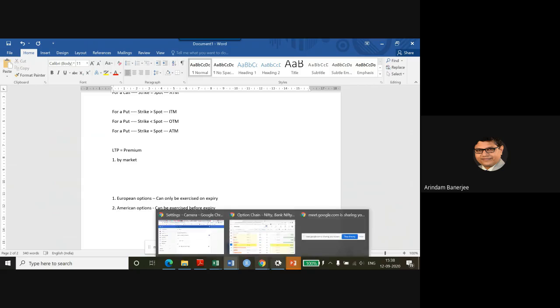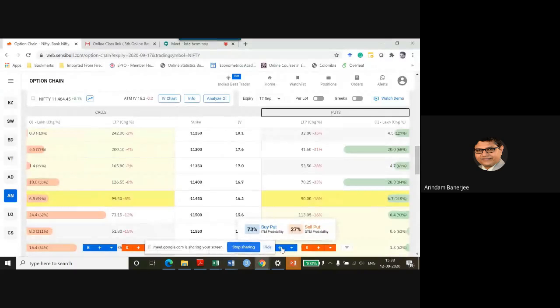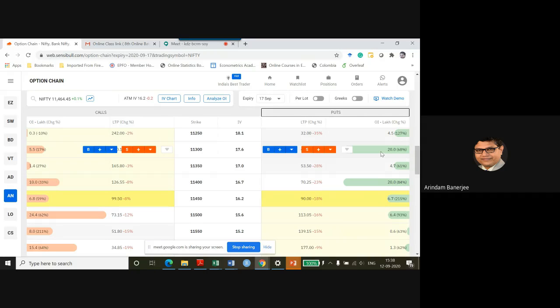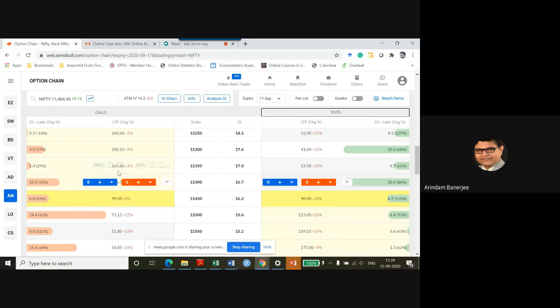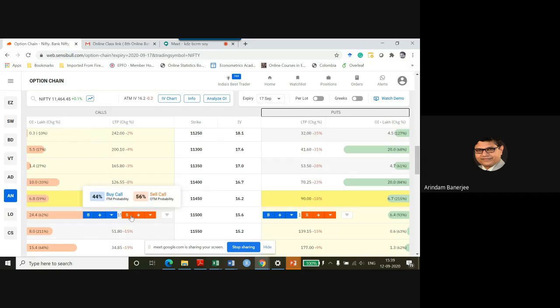This premium which we are observing here is determined by the market forces, by the buyers and sellers, right?